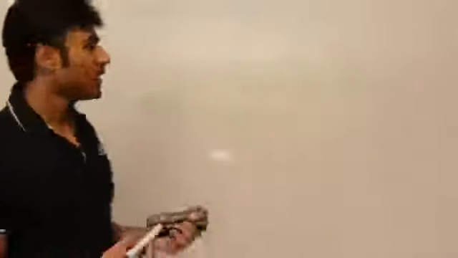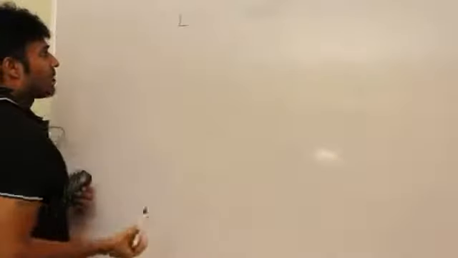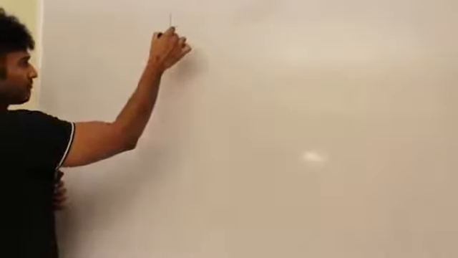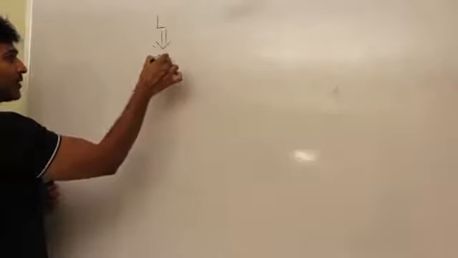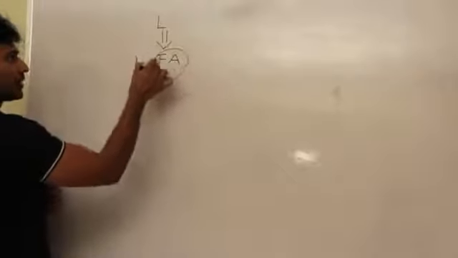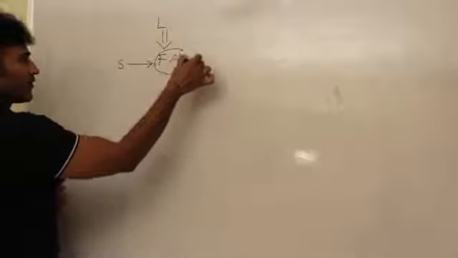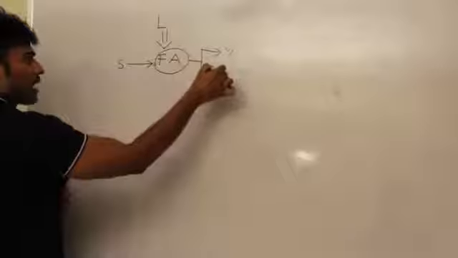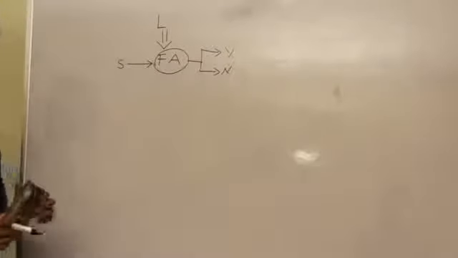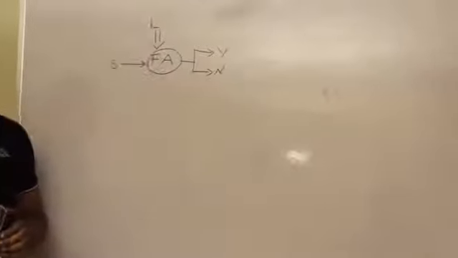So let us say, given a language, I will try to construct some finite representation which is called a finite automata, and then if I give a string to this finite automata, it will say yes, I accept this string, or no, I reject this string, which means this string is present in the language or this string is not present in the language.